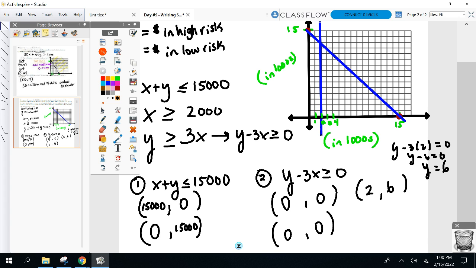Can you figure out if you're going to shade to the left or to the right? You can still test 0, 0. It's fine. You can plug a 0 in there for X. Thoughts, to the right or to the left?